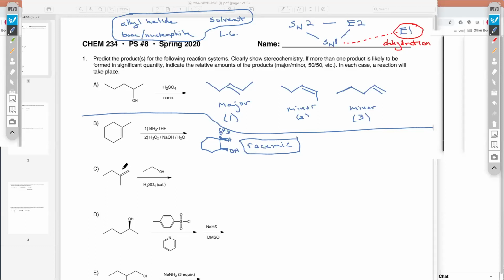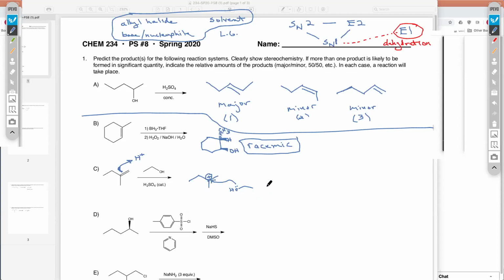And so what you'd see happen here is this would grab an H+. Just to be clear, this is the pi bond that I'm taking those electrons from. Once we get to this carbocation, then of course that's when the ethanol can come in and react.